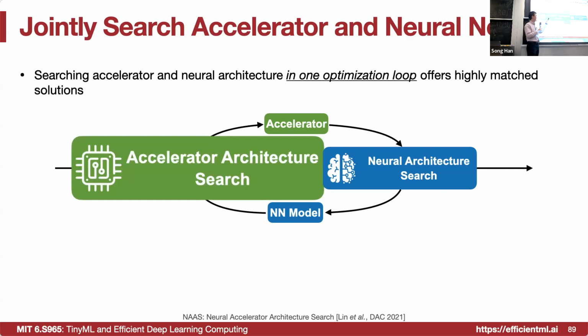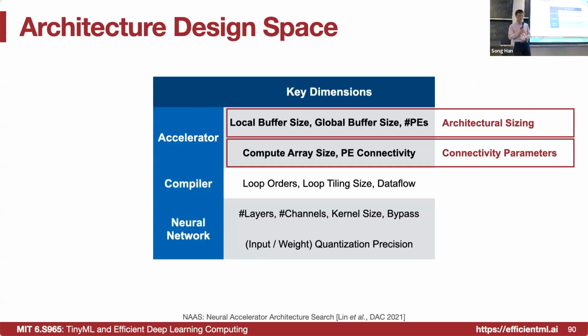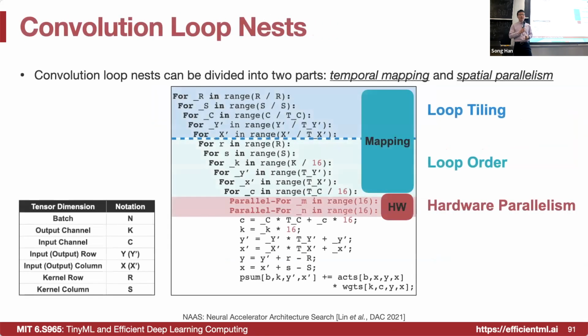So let's talk briefly about how we co-search the accelerator architectures. Like we mentioned, we introduced a larger design space compared with just the neural network architecture. Now we also have the architecture sizing and connectivity parameters on the hardware side. It's like opening a much larger design space. But how do we search on that design space?